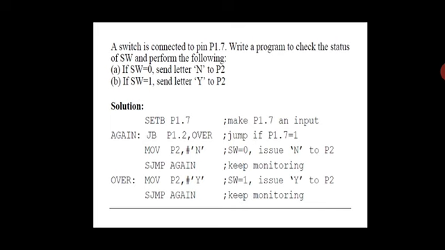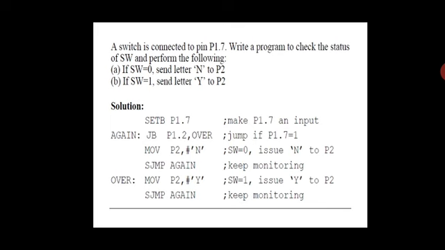Let us take one more example related to a switch. A switch is connected to pin P1.7. Write a program to check the status of the switch, SW stands for switch, and perform the following.